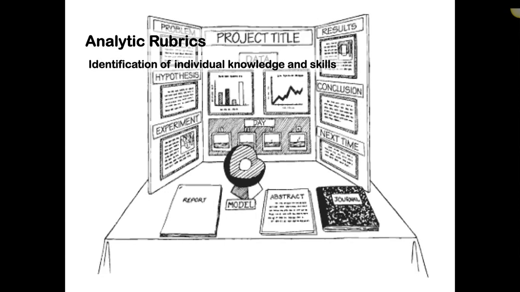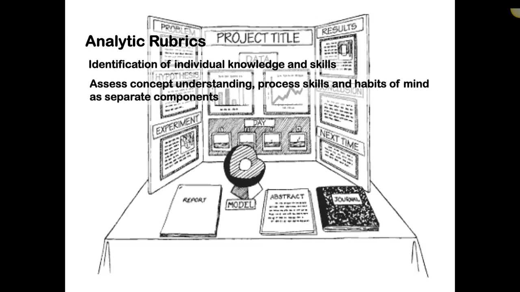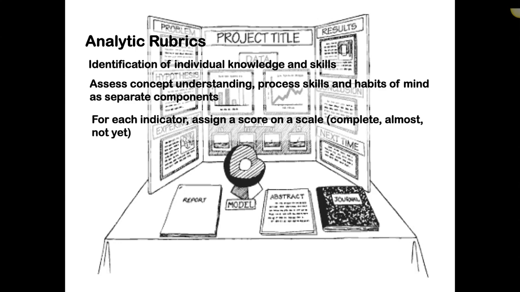Practical knowledge and skills. When you give the holistic rubric, then students sometimes don't know what to do for this assignment. So it's better you give analytic rubrics. It assesses concept understanding, process skills, and attitude as separate components, and for each indicator, assign a score on a scale.